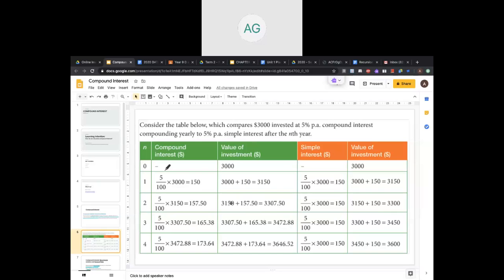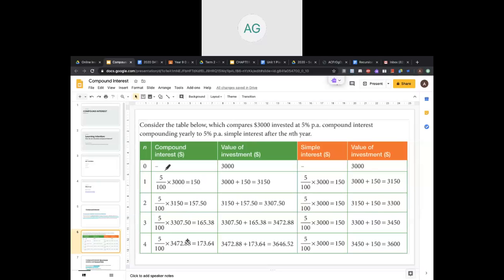So you're not adding that to 3,000, you're adding that to $3,150. That's a difference. Whereas in the simple interest, you still do 5% of 3,000. You keep on adding that 150 every year to the last year's amount, but you're not paying interest on interest. But in here, you're paying interest on your interest as well.